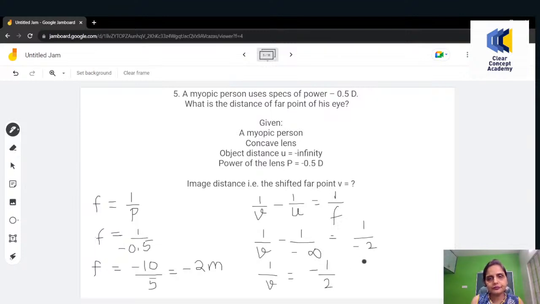Therefore, v is equal to minus 2 meter. When they are asking about the shifted far point, we don't give the sign, so in centimeter it is 200 centimeter.